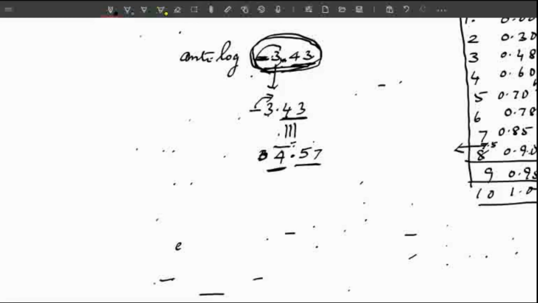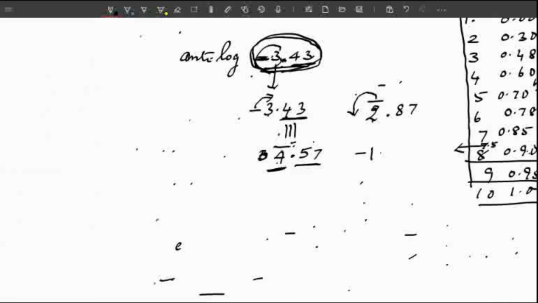And if a logarithmic form is given, say 2 bar 87, you are looking at it in the logarithmic form. To convert it into the natural form, write down the negative characteristic, decrease it by 1, so bar 2 becomes -1 point something.